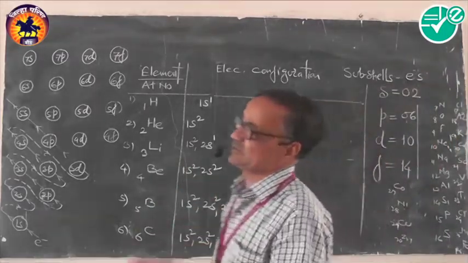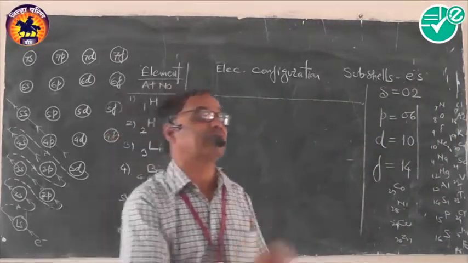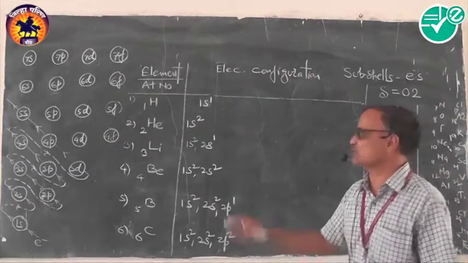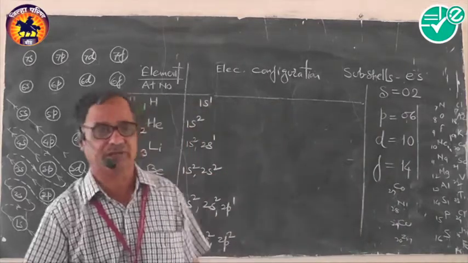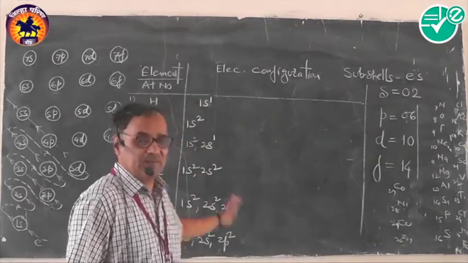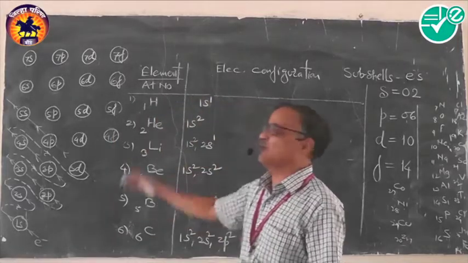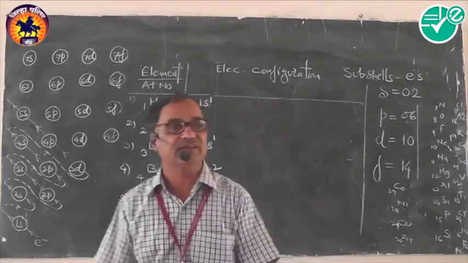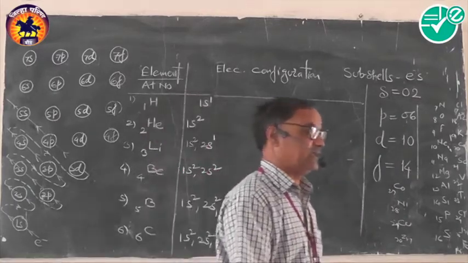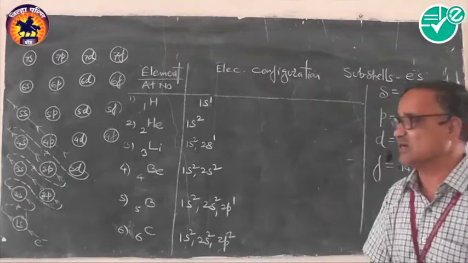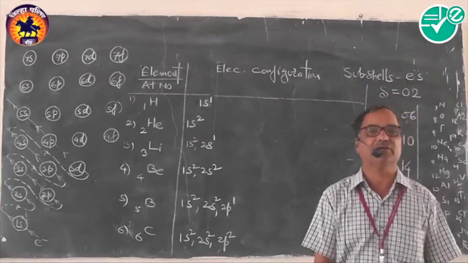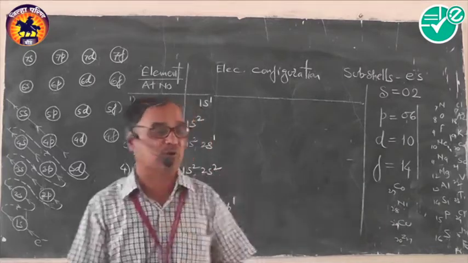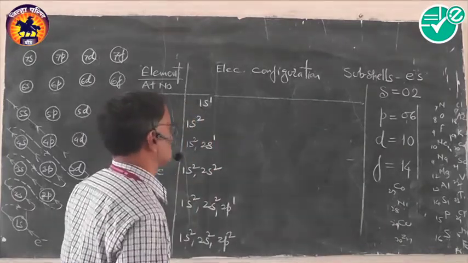On the basis of the Aufbau principle, we can distribute and fill the incoming electrons in the sub-energy levels, the respective orbitals, with increasing energy. This is the base of the Aufbau principle, called building up electronic configurations of the elements.